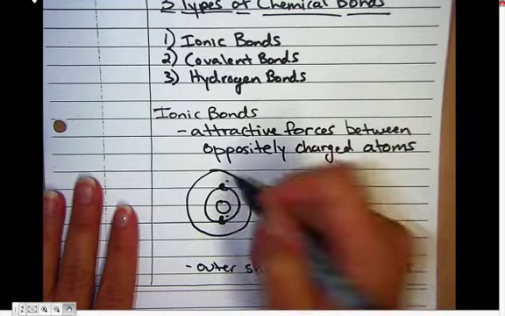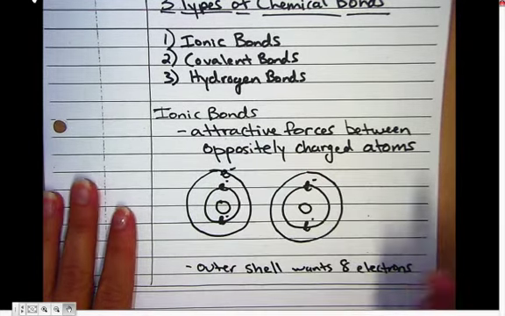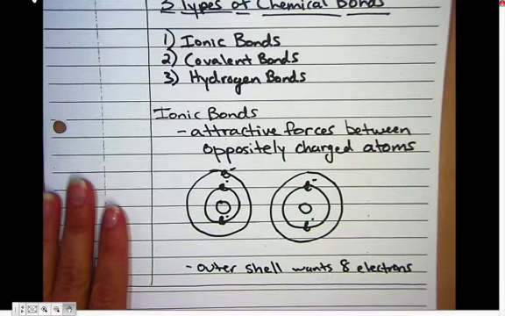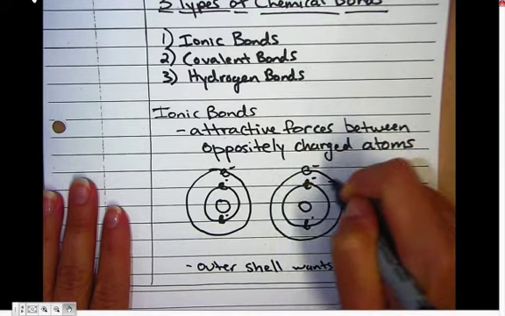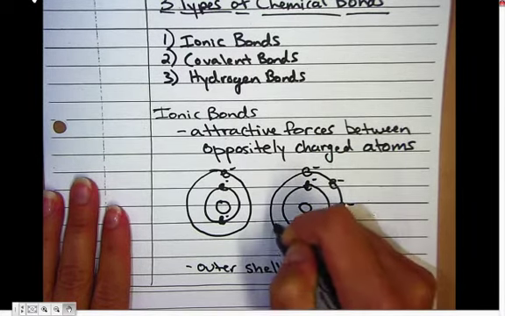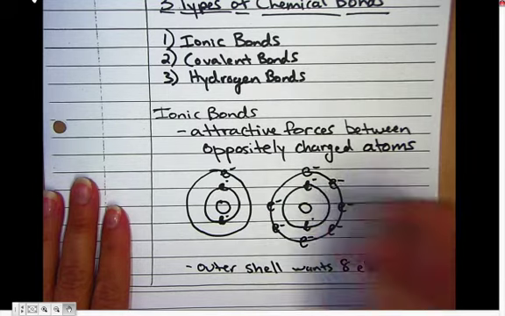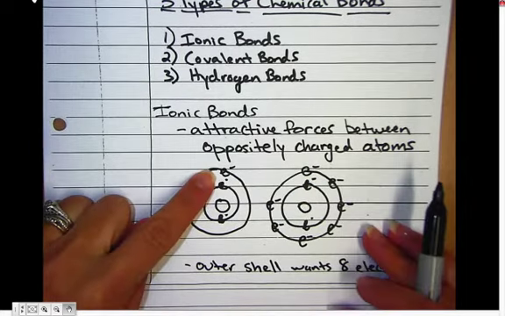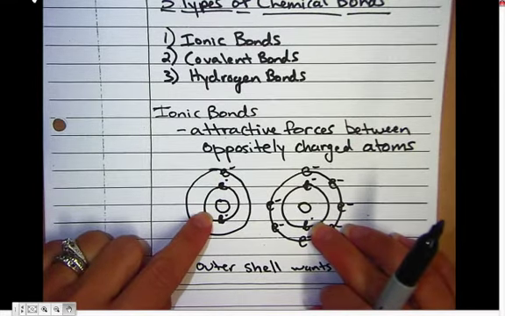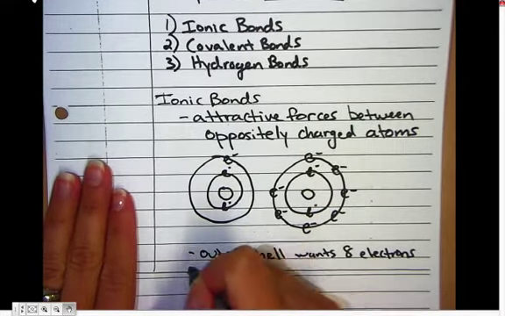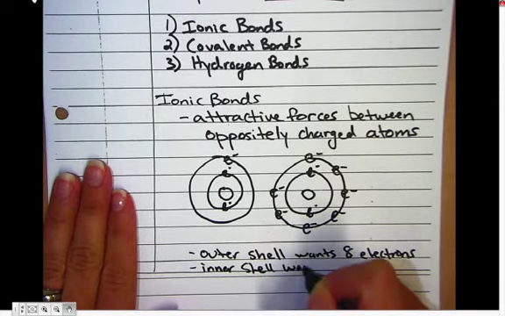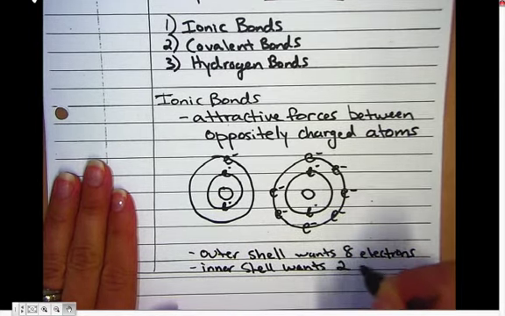Okay? And if there's only 1 electron, and here we have 1 electron in the outer shell. Okay, we have 2 on the inner for both of them, and that's full. And we can make a little note of that too. The inner shell wants 2 electrons.